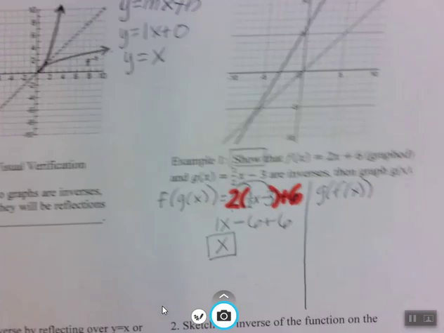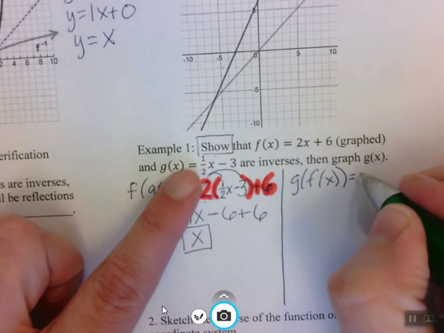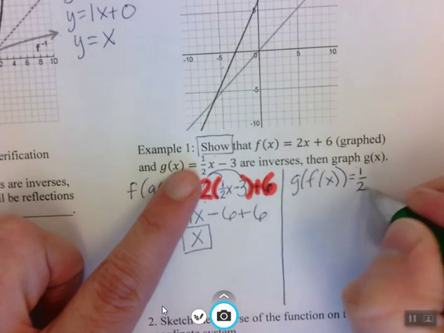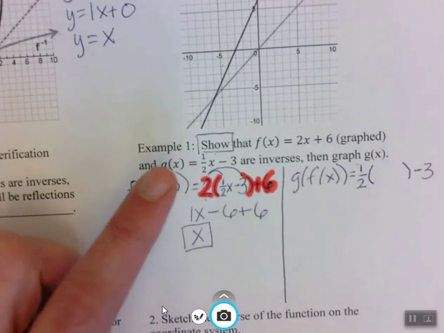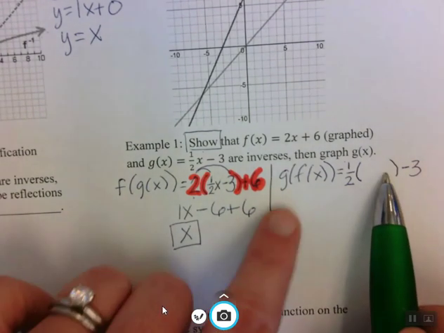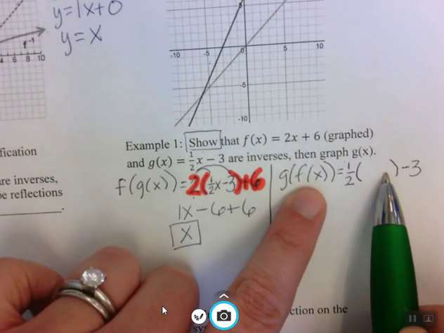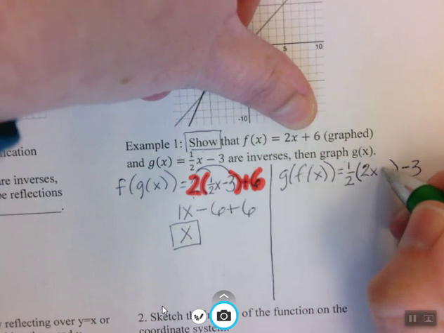Now we're going to do g of f of x. So you start with function g. That's this one. You do 1/2, but instead of the x, you put parentheses. And then you do minus 3. Then inside the parentheses, you're putting function f of x. Function f of x is this one, 2x plus 6.